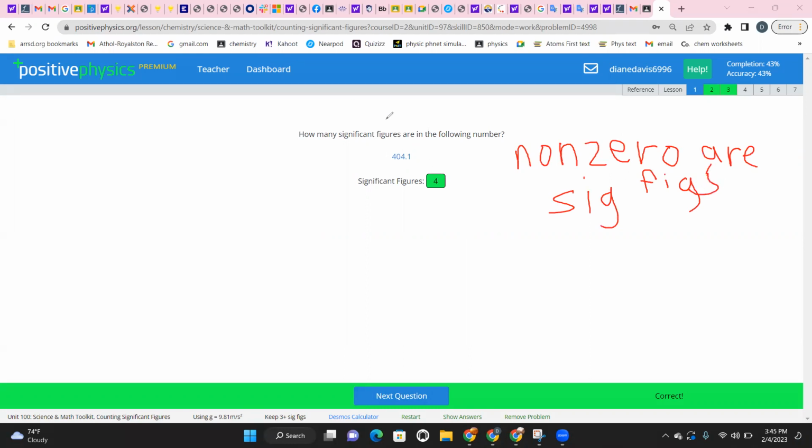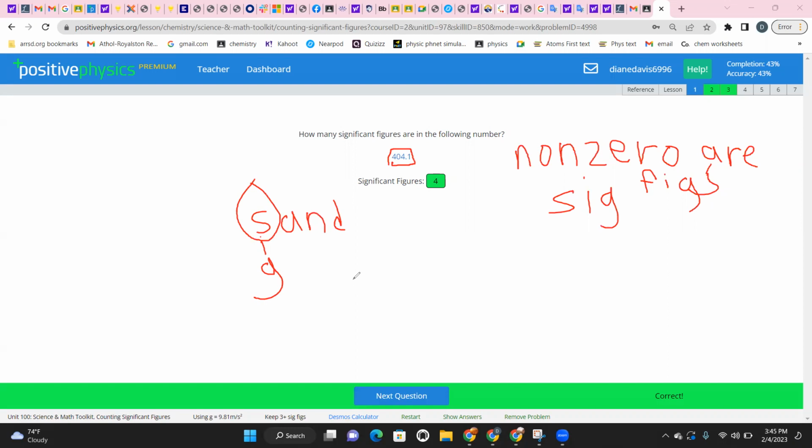Okay. Then as far as the zero numbers, if they are sandwiched in between, then they are significant figures. So maybe you can think of the sandwich and significant figure. Help you remember the S in both.